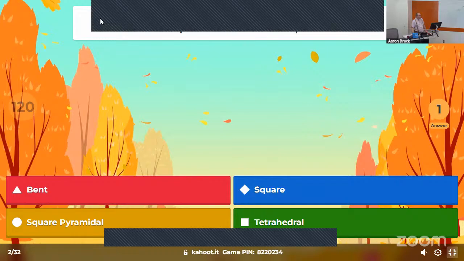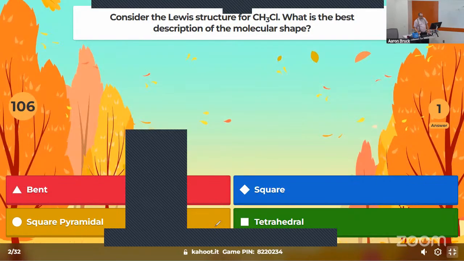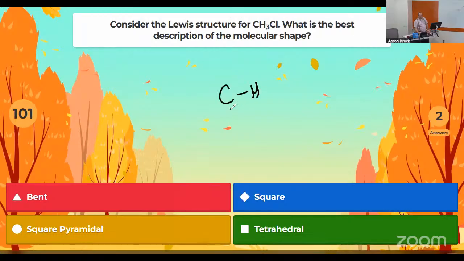Right, same kind of question. We're talking about CH3Cl, methyl chloride. So if we draw it, this is a case where the adjustment trick really isn't going to save us all that much time.